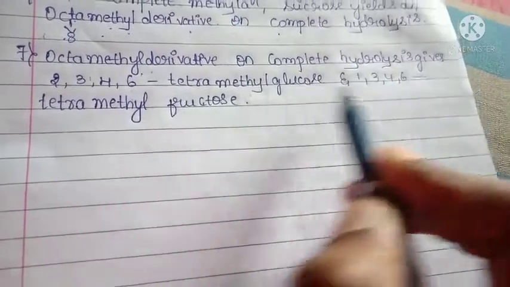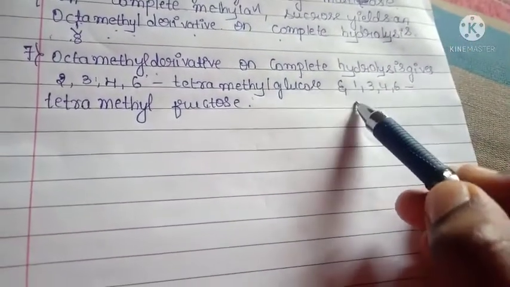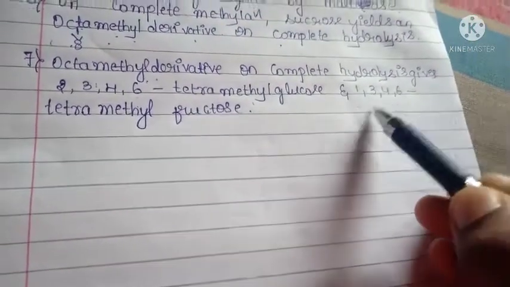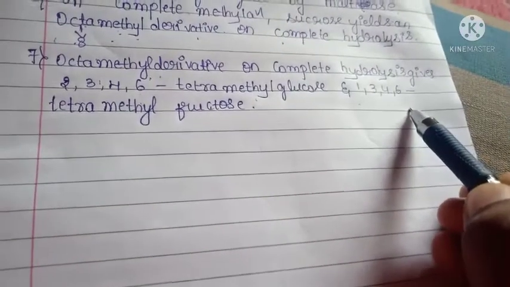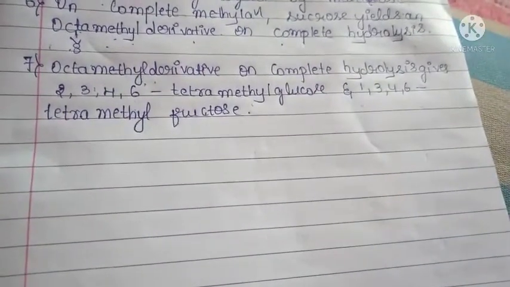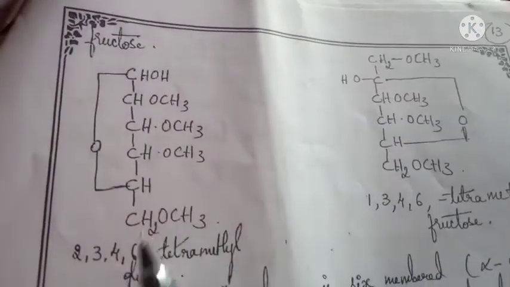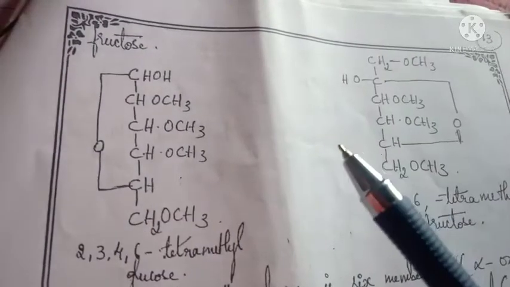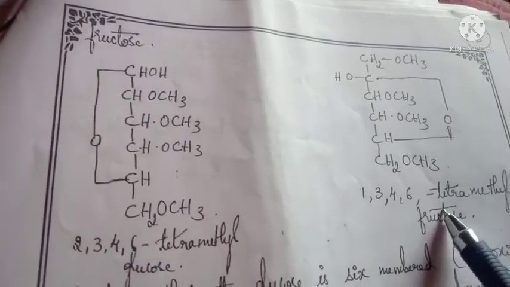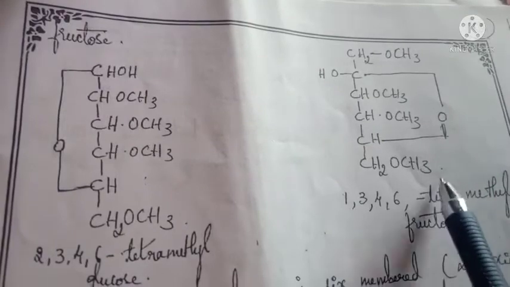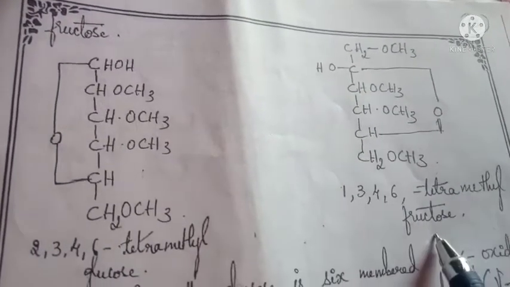In the fructose, the CH3 group is substituted at 1, 3, 4, 6. Okay, this is the structure of 2, 3, 4, 6 tetramethyl glucose. This is the 1, 3, 4, 6 tetramethyl fructose.